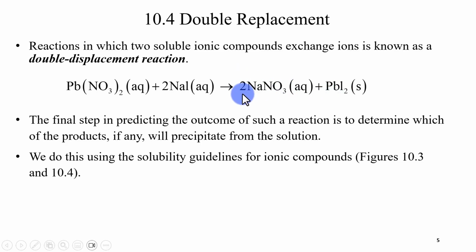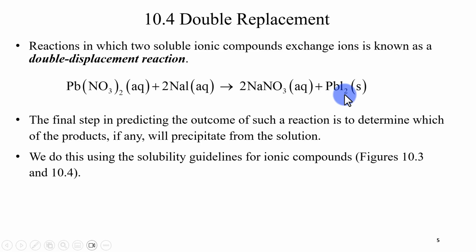Well, if I take NaNO3, whether I'm looking at the cation or the anion, there are no exceptions. Sodium compounds are always going to be soluble, no matter what sodium is paired with. NO3 ions are also, so compounds that have NO3 are also very soluble. So either way, this is a soluble compound.